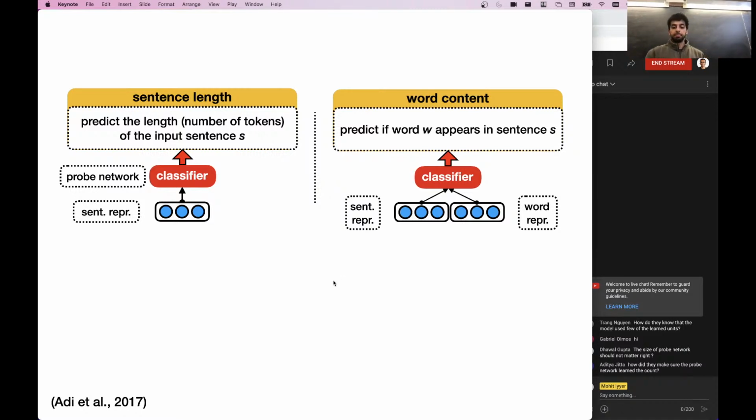I feed both the CLS representation of the sentence, John went to the store, and a word representation of the word bug, and I train my classifier to predict yes or no, does this word occur in this sentence? So here you're actually probing the content of the sentence representation. You want to know if BERT has encoded information about all of the words in the sentence into this final layer CLS token.